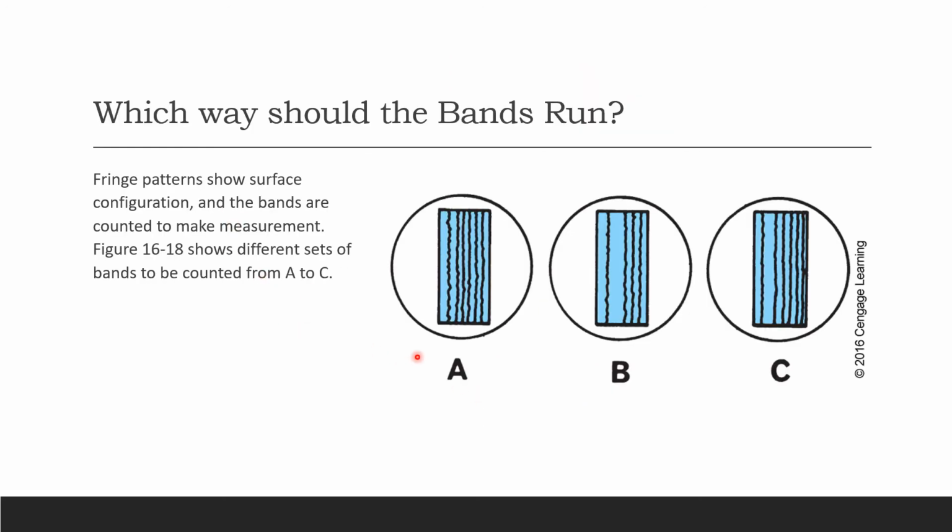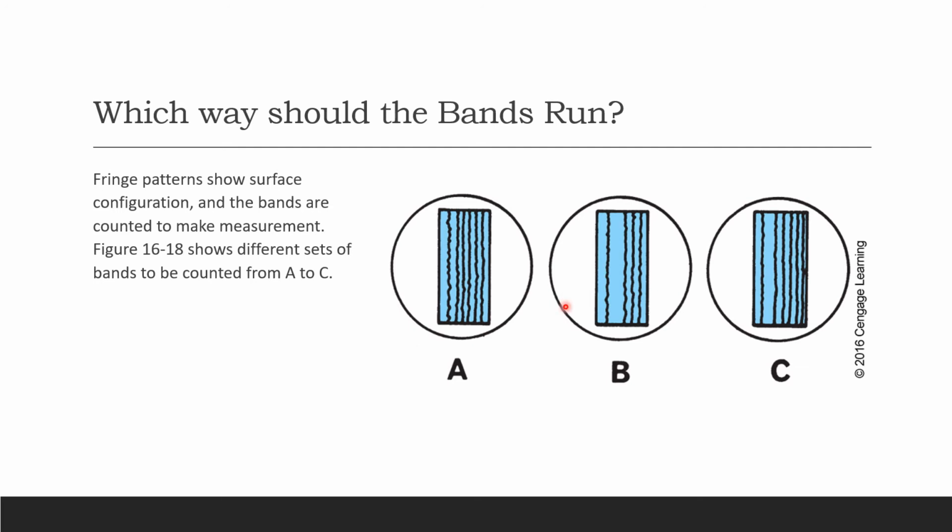Which way should the bands run? So fringe patterns show surface configuration. We have already studied that, and the bands are counted. We have already studied that to make measurement. So here these patterns show different sets of bands to be counted, and we're going to count from A all the way to C. The spacing of the bands depends again on the angle of your air wedge.